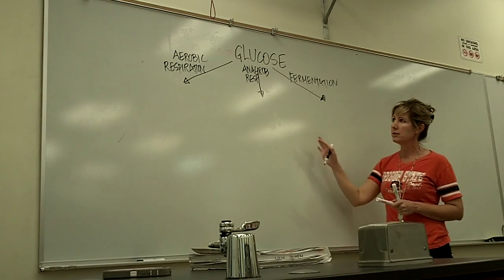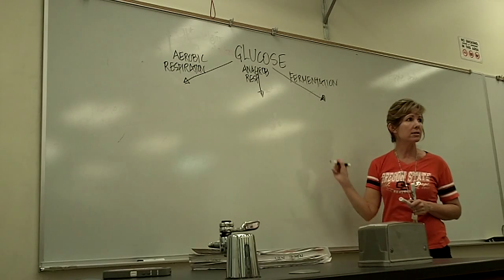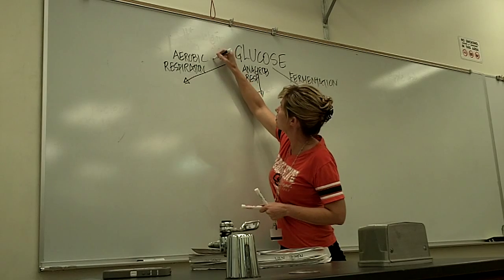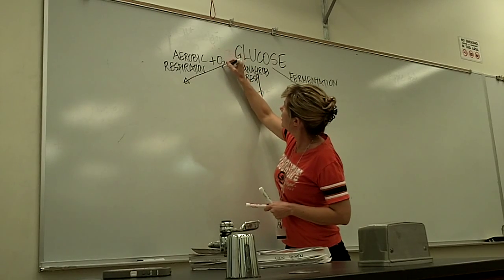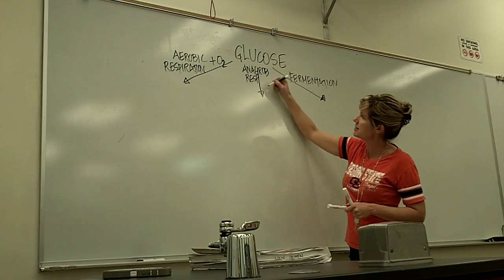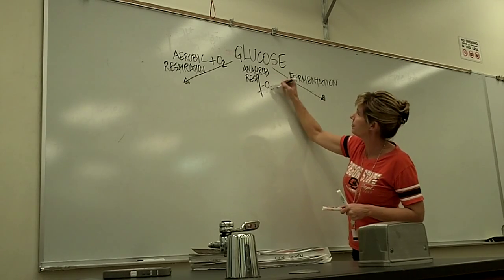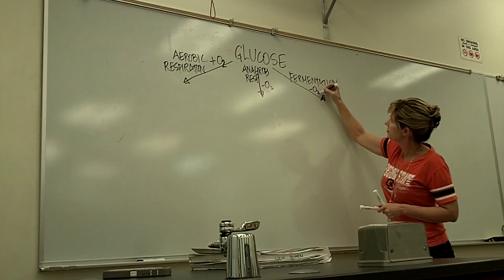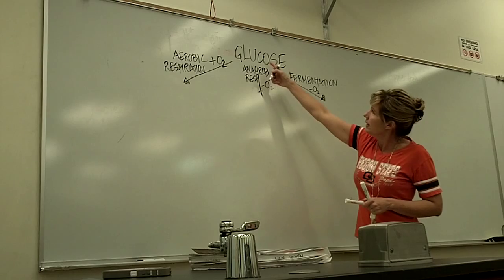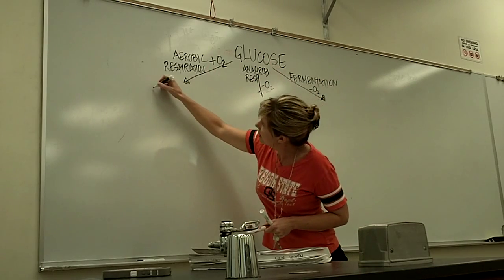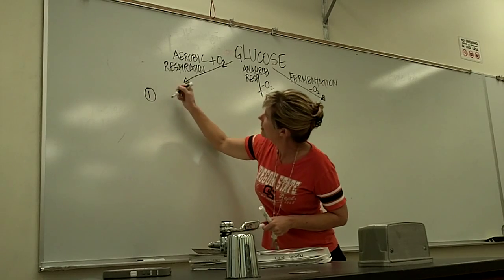Only one of these takes place in the presence of oxygen. That would be aerobic. So this will only take place in the presence of oxygen. These will only take place in the absence of oxygen, so minus O2. And let's look at aerobic respiration more specifically.